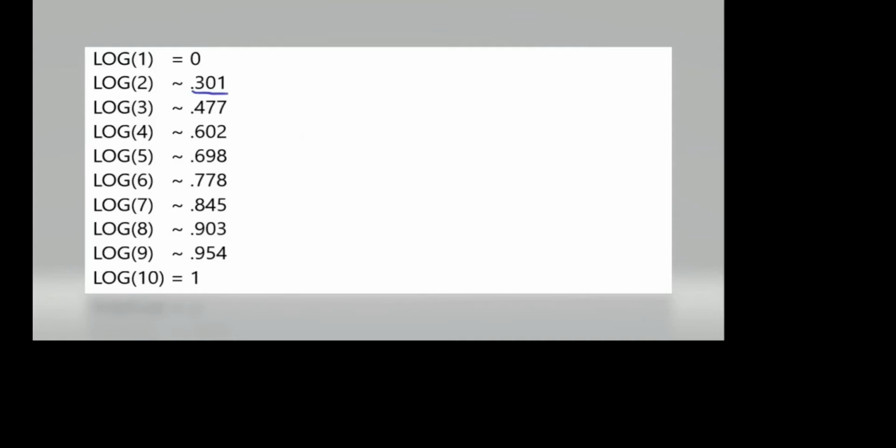If we add these two numbers together from log of 2 and log of 3, that's the exact same thing as doing 2 times 3, and you're going to see exactly why. So I'm going to try to do 2 times 3, but I'm not going to actually multiply. I'm going to use addition only.